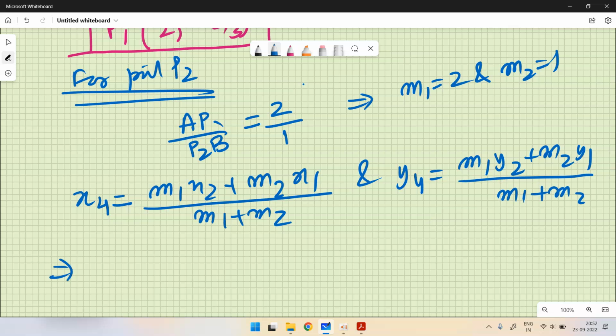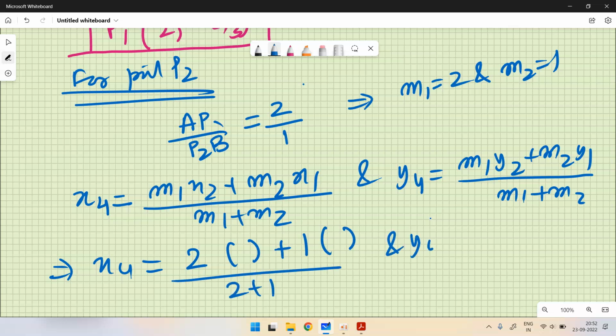So X4 is 2 into X2 plus 1 into X1 by 2 plus 1, and Y4 is 2 into Y2 plus 1 into Y1 by 2 plus 1.